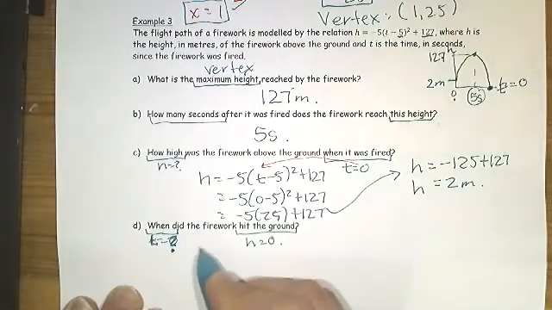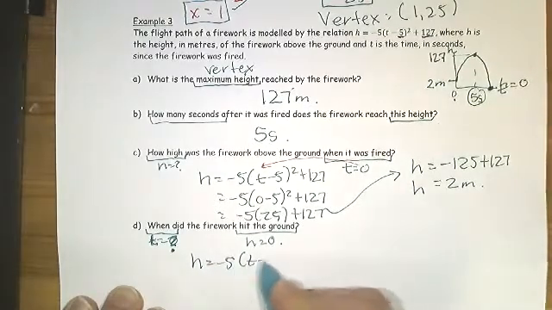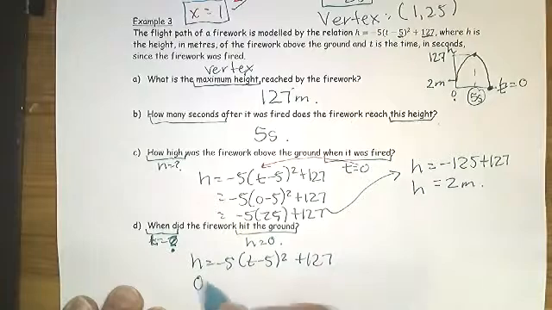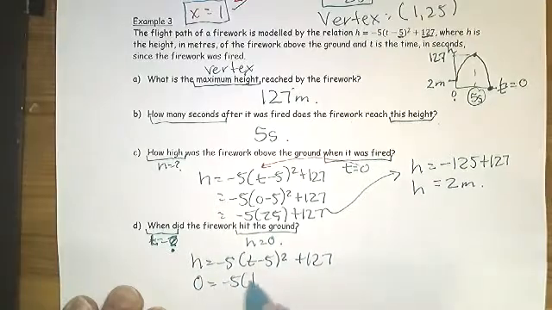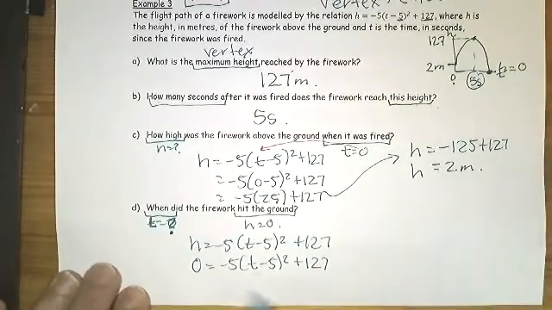So let's start with our equation. h equals -5(t - 5)^2 + 127. And we're going to substitute in 0 for our h. Now we're just going to have to solve this for t.